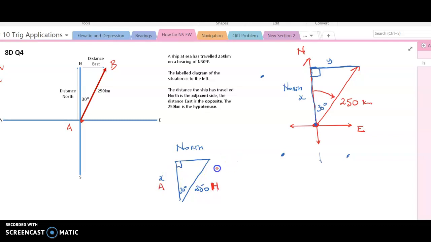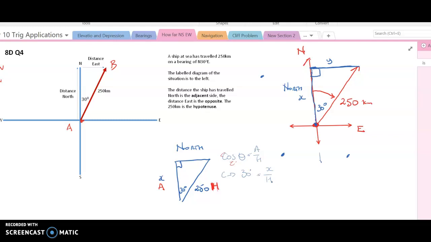So obviously that's SOHCAHTOA. So that's cos theta equals adjacent over hypotenuse. Cos 30 degrees equals x over h.